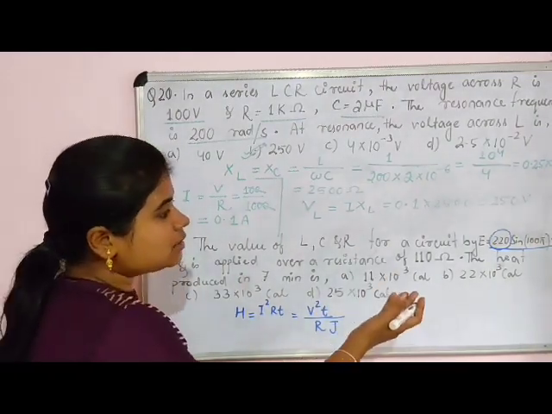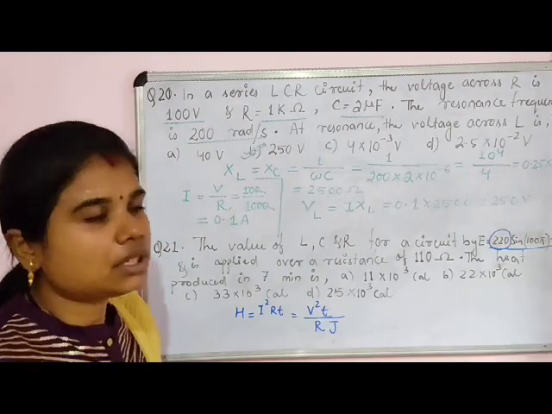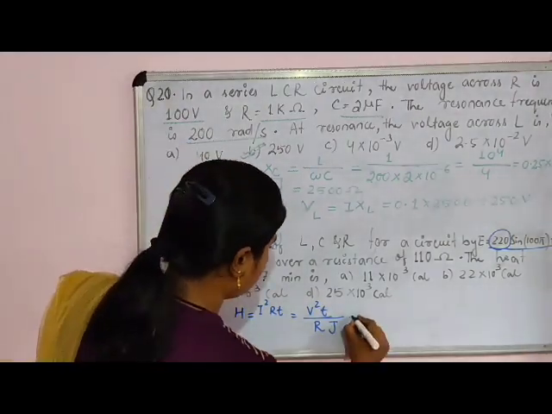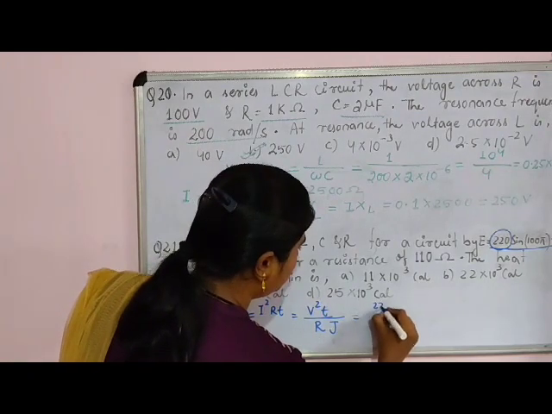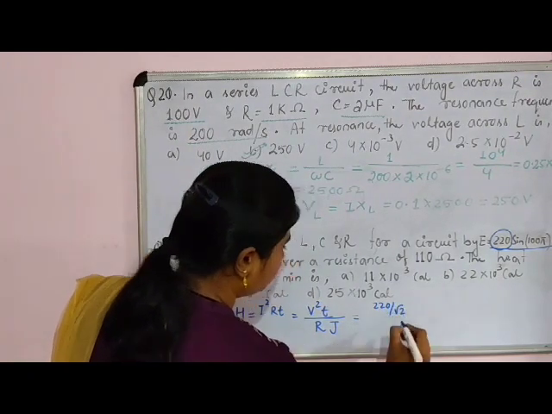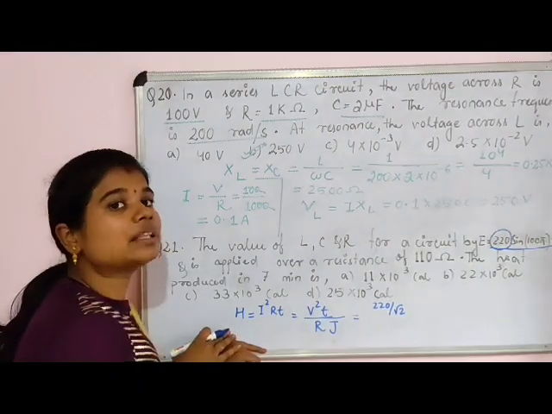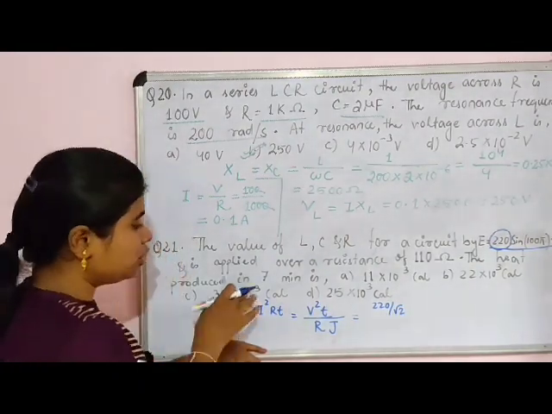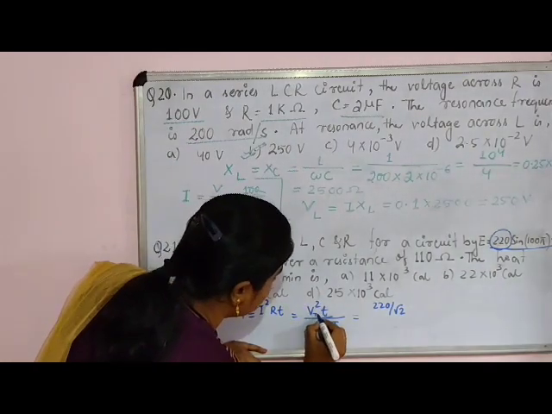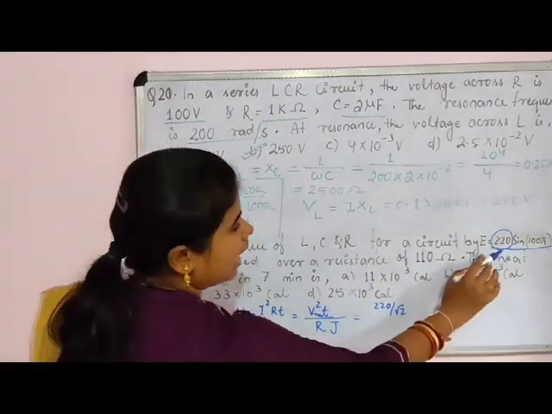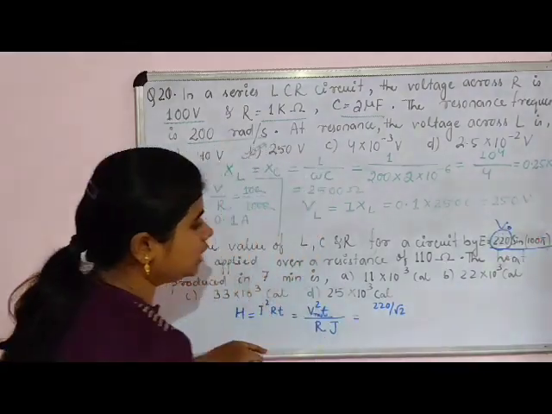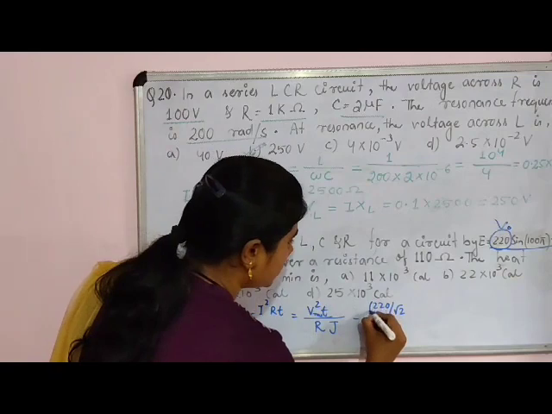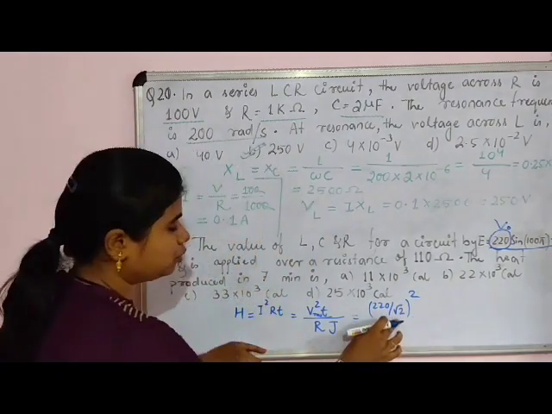V RMS is nothing but V0 by root 2. So we put that value as 220 by root 2, because heat is produced by the RMS value of voltage. Here V0 is 220, so we can write V RMS as V0 by root 2.